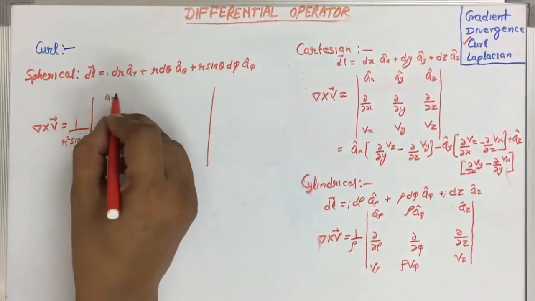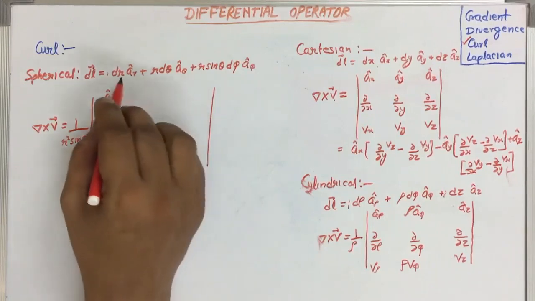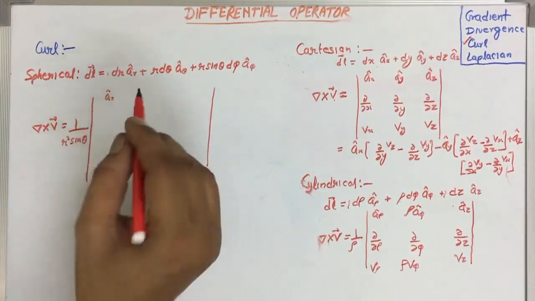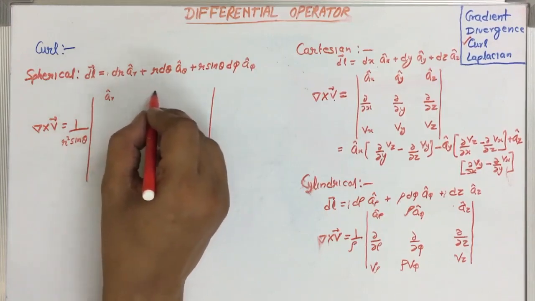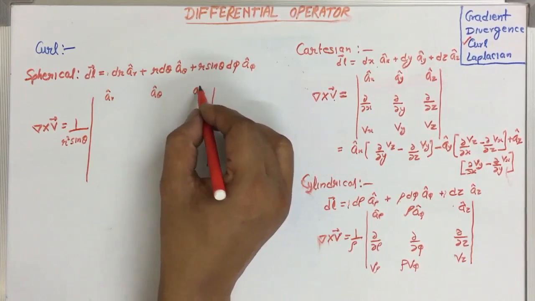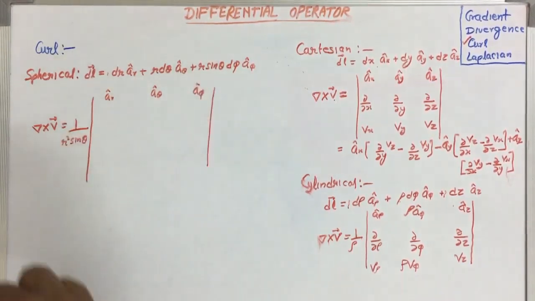Here the unit vectors are a r, a theta and a phi. If we recall, the coordinates in spherical form are r, theta and phi.